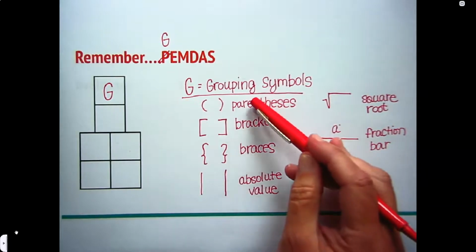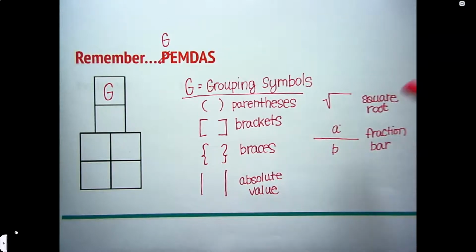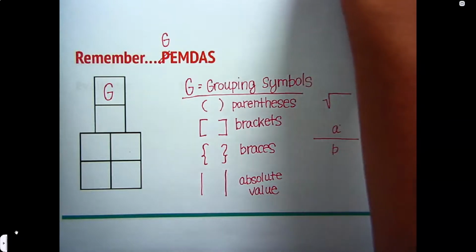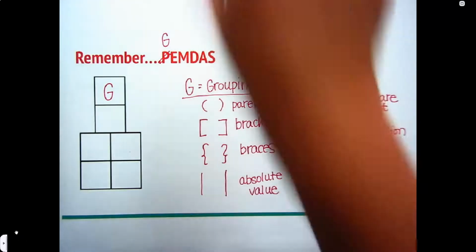So if you see parentheses or brackets or braces or absolute values or a square root or a fraction bar creating these groups, then whatever there is to do inside of those is going to be done first in your problem. So we're going to start off with the letter G. Instead of parentheses, we're going to use that to include all grouping symbols.